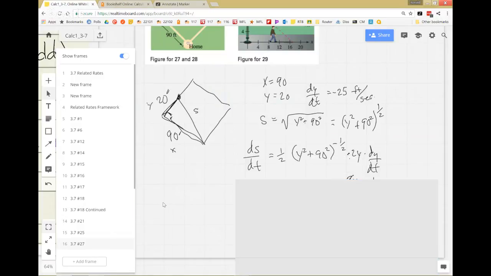Differentiate, and we have ds dt equals, do the power rule, 1/2 times y squared plus 90 squared to the negative 1/2. Chain rule, 2y. Chain rule again, dy dt.